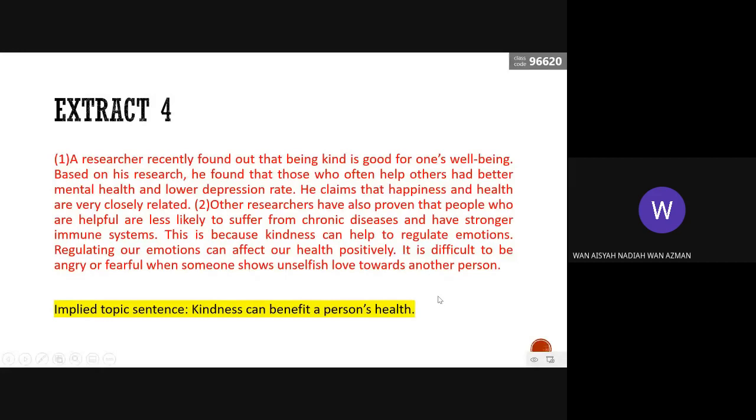And for extract number 4, the topic sentence is not given to you directly. So you have to make your own topic sentence based on the passage or the supporting details. So far okay?